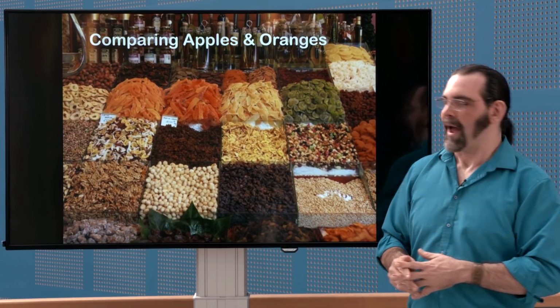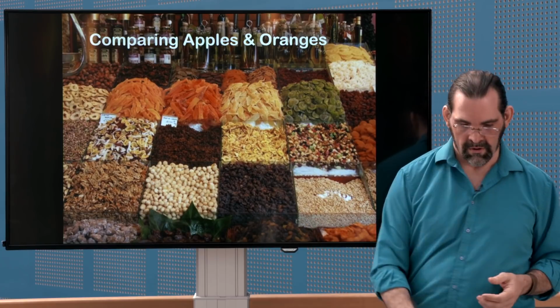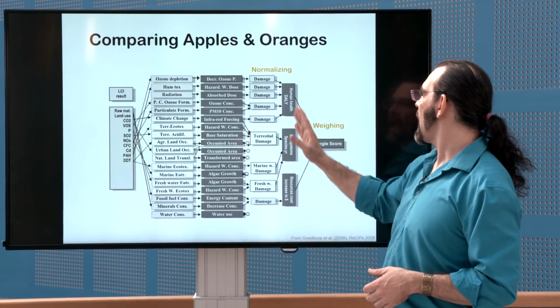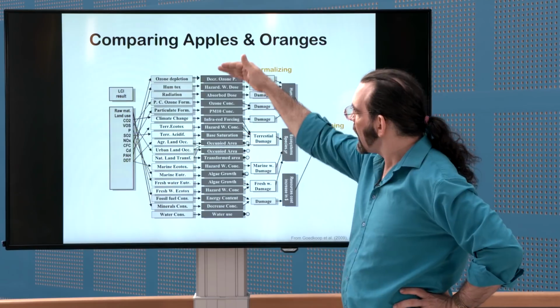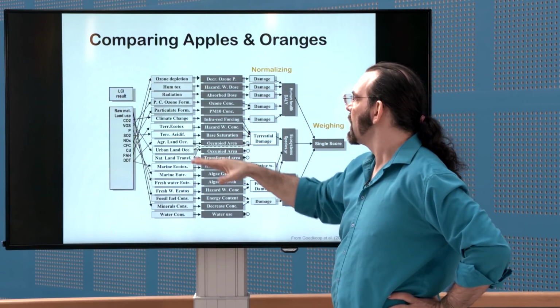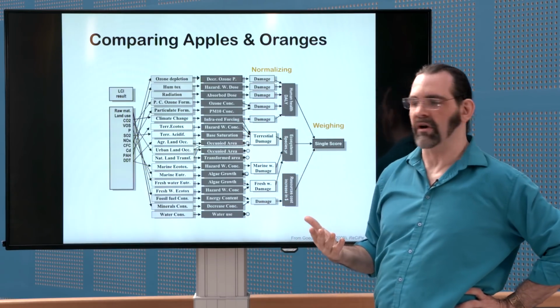And so how do you make those decisions of which one is worth more? Well, there's this process of normalizing and weighing all these different impacts. So you get all these different environmental impacts. So again, ozone depletion, climate change, water depletion, etc.